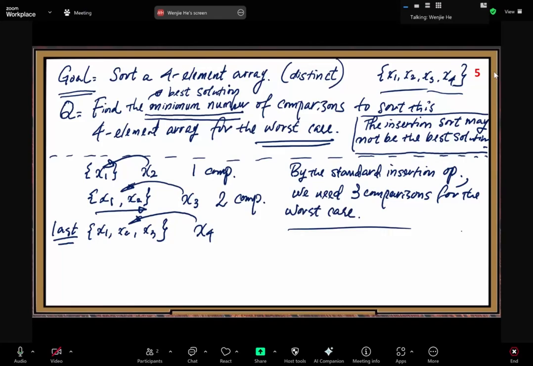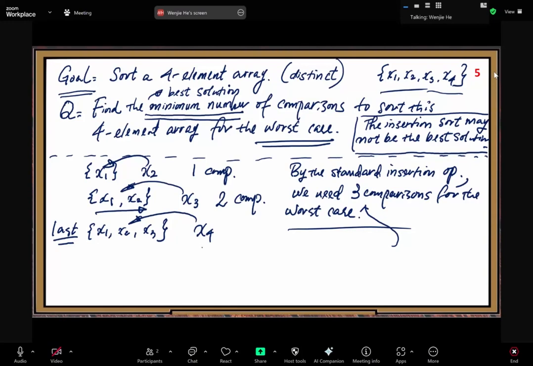But the question is, can we do better than 3 comparisons to get x4 inserted into this ordered array? If you can do better, then you make an improvement here.